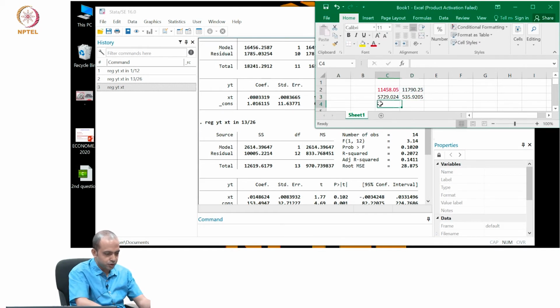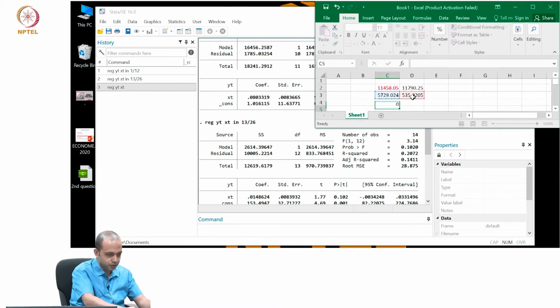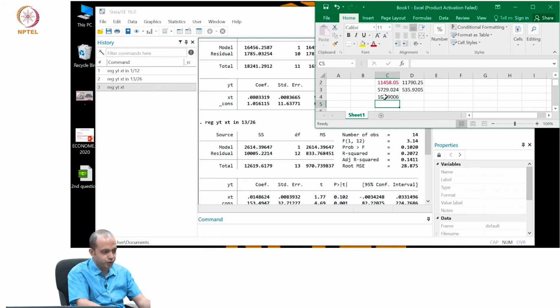Now, this divided by this, comes to 10.69, that is your F value.